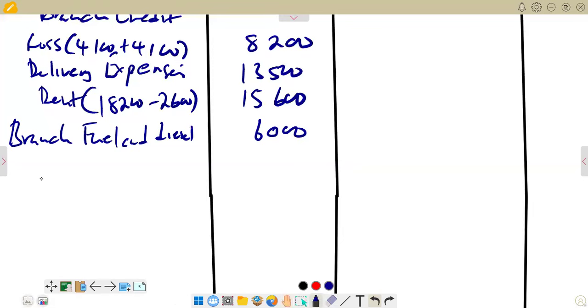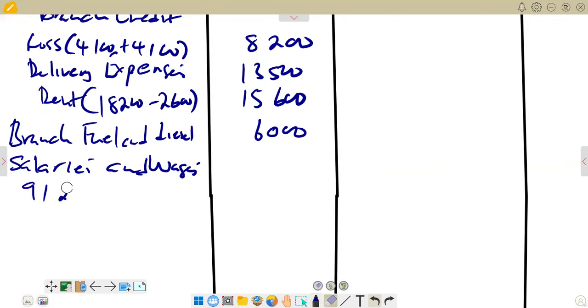And then after that, we are supposed to enter the adjustment for salaries and wages. Remember, for salaries and wages, we are saying 91,000 plus 2,000. Obviously, you are going to get 93,000.